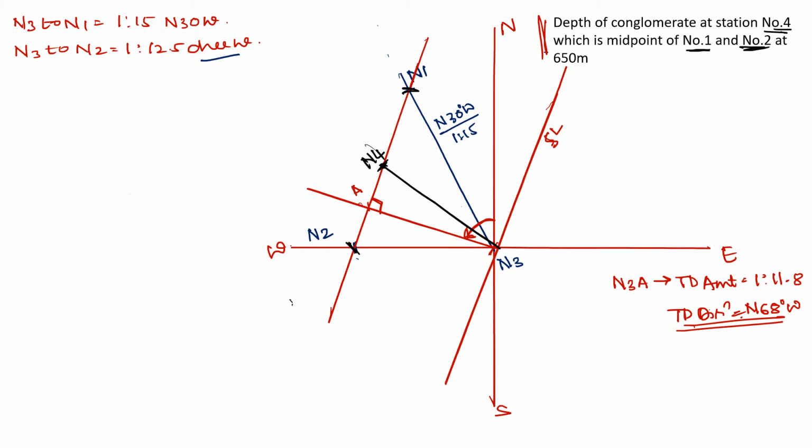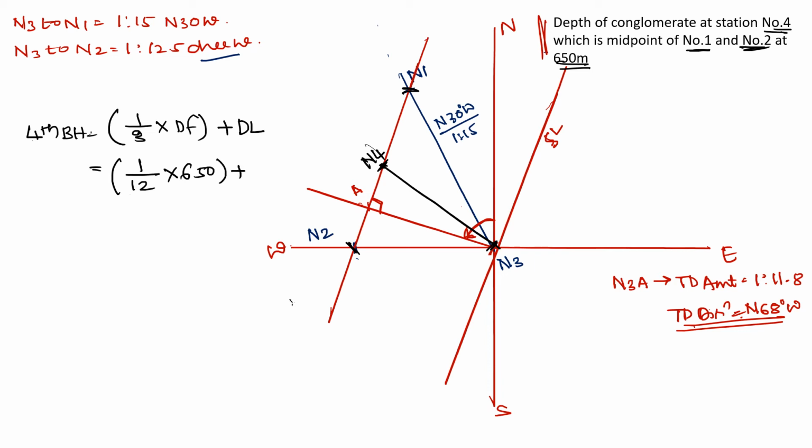Now we have a known formula: depth of the fourth borehole equals 1 by G into dF plus dL. G is the gradient, the distance you measure from this point till N4, which comes around 12. dF is given as 650 meters, plus the depth of the least borehole, which is 30, that is N3.